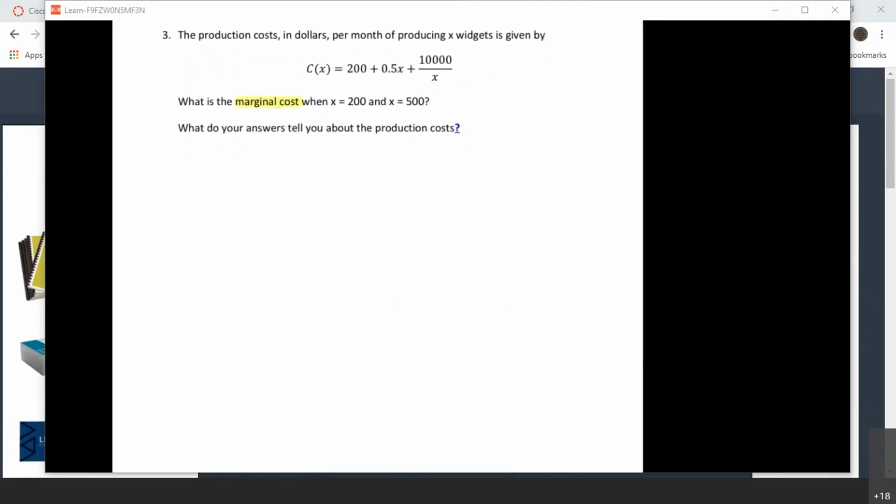This is done exactly the same way as the first problem. Find C prime of X, evaluate C prime of 200 and C prime of 500. Same exact overall strategy.